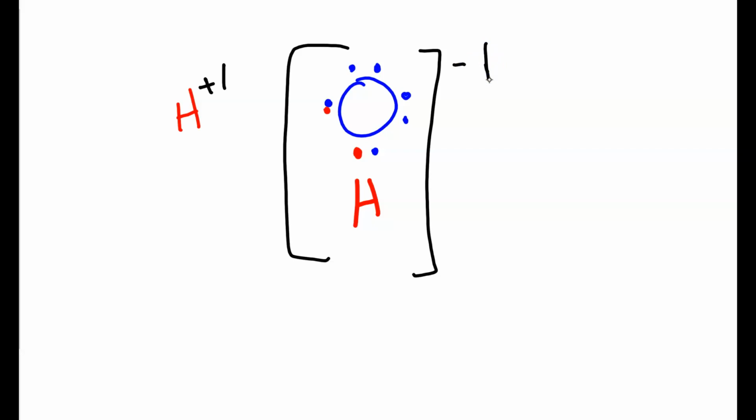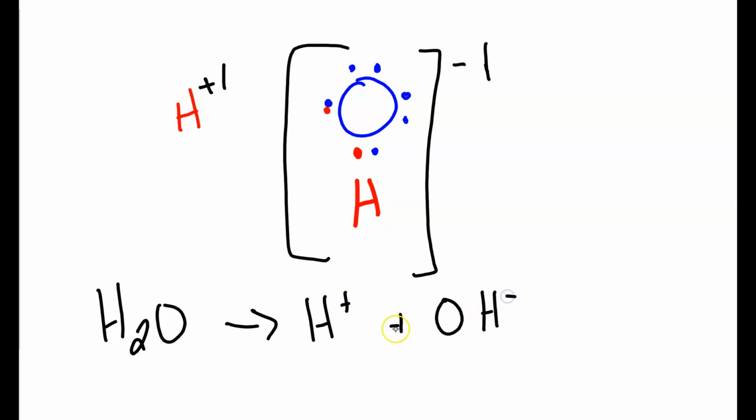So when a water molecule dissociates, it's going to break apart into a hydrogen ion and a hydroxide ion. So we can write this dissociation like this. Water is breaking apart into a hydrogen ion and a hydroxide ion. And this is always, always happening. Whenever you have a sample of water, some amount of the water molecules have broken apart, and then they come back together, and other ones break apart and come back together, and this is constantly happening.